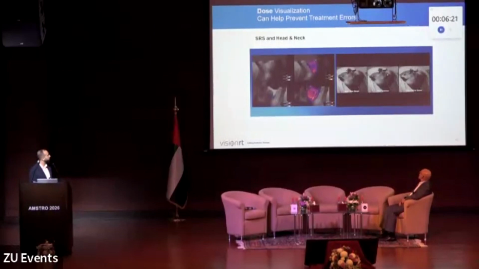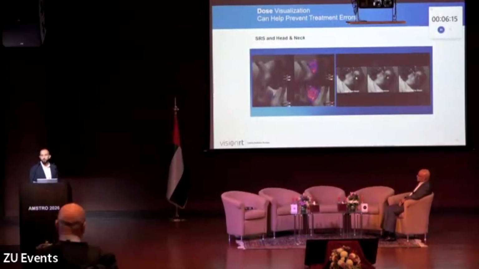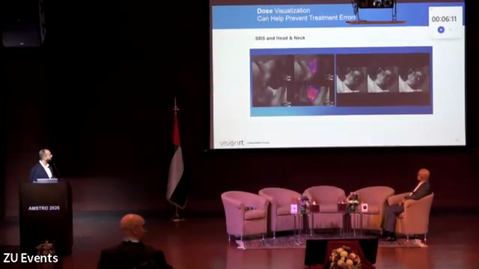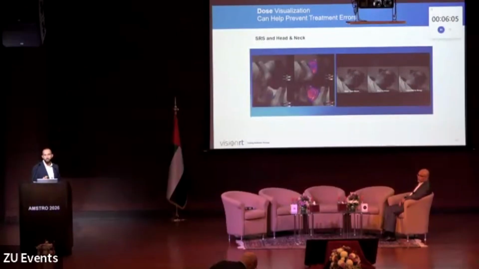Another feature is you can see where we need this radiation from the planning. We can have this information from the planning, and we can see it on our monitor. And the third one is we can see the cumulative dose from different beams, but also from different days of the treatment.